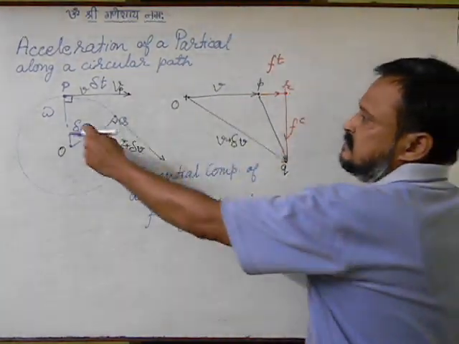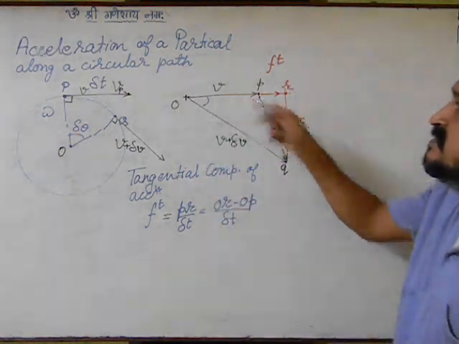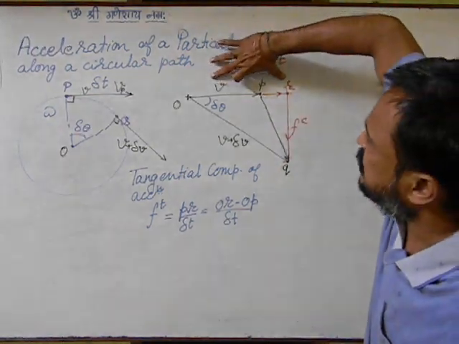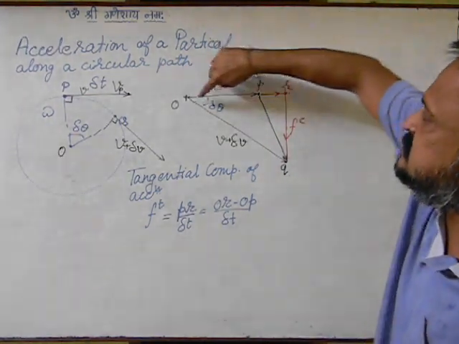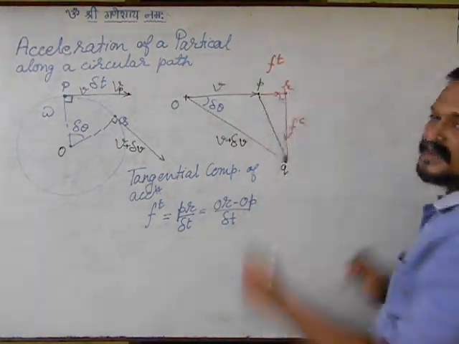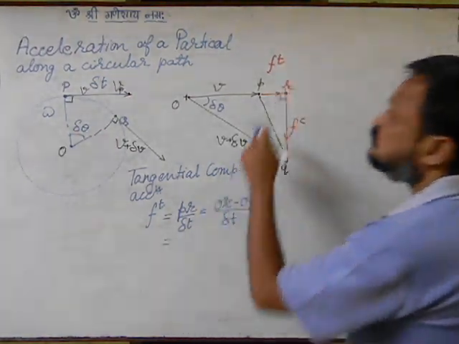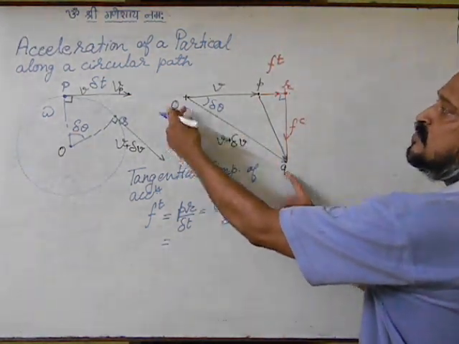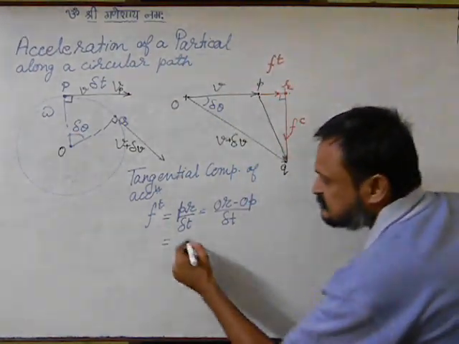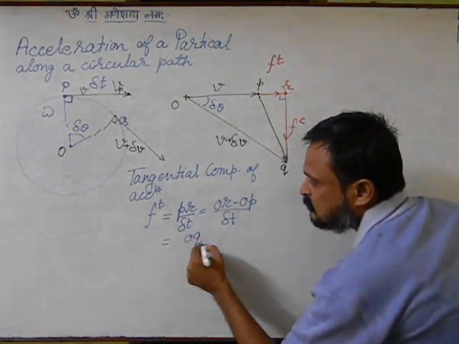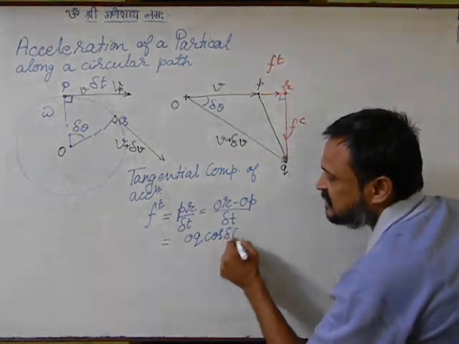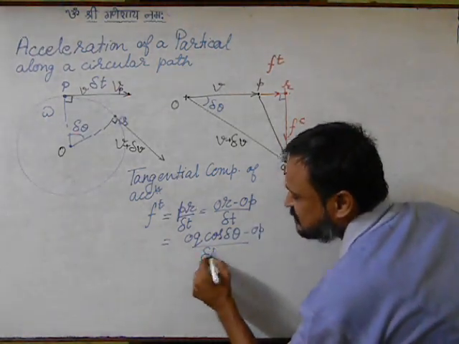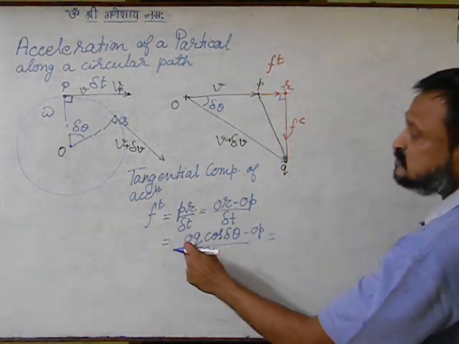The inclination between these two vectors will be del theta. OR is the adjacent side of this right angled triangle, so OR will be OQ cos del theta, so it will be OQ cos del theta minus OP by del T.